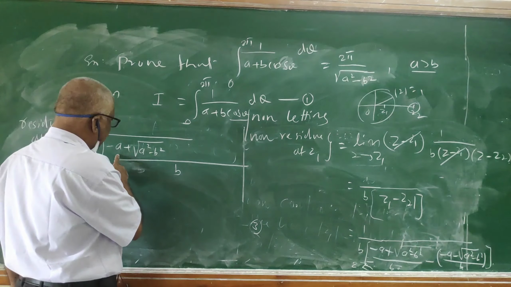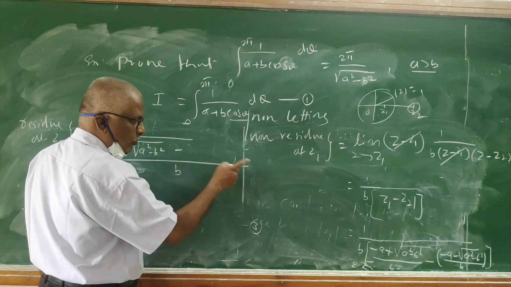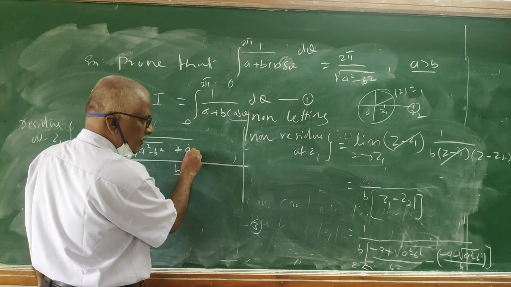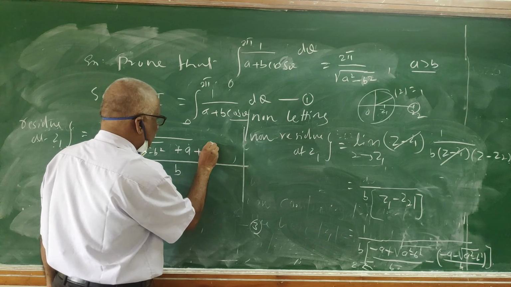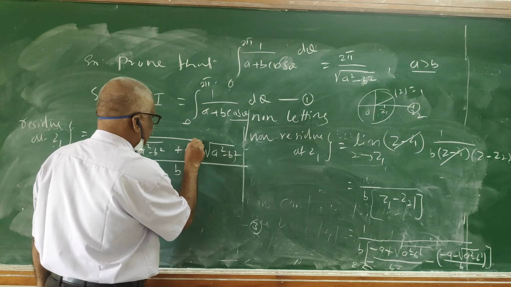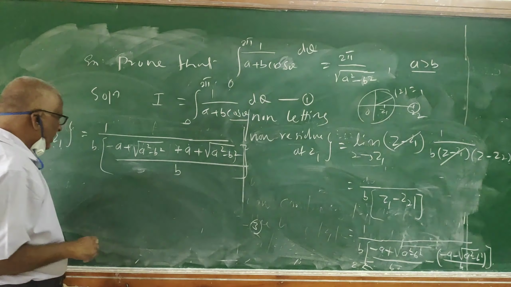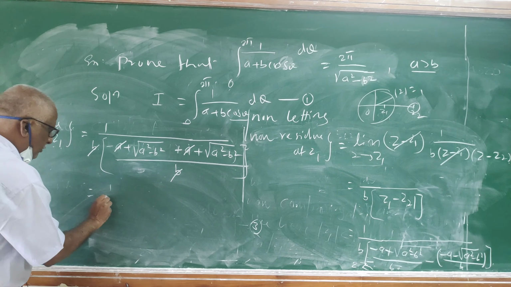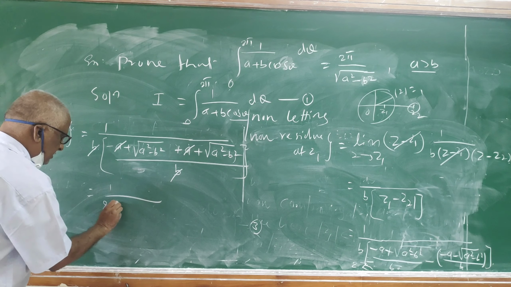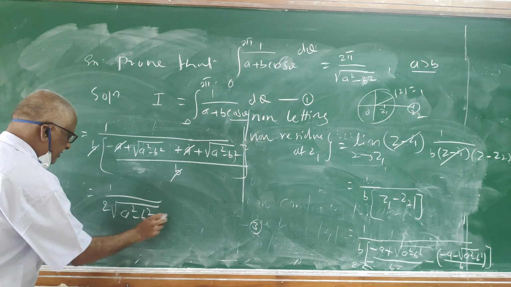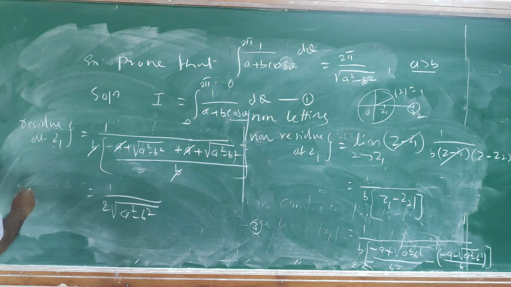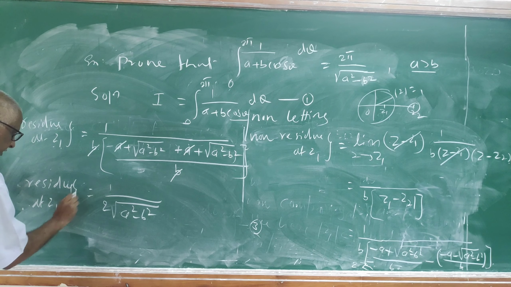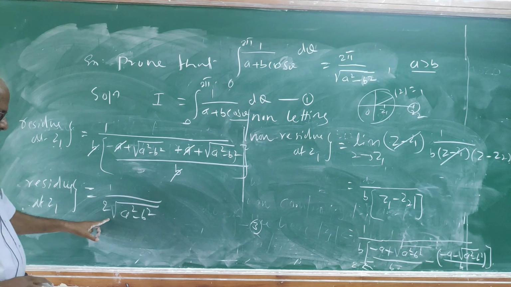So take LCM: minus a plus square root of a square minus b square minus, open the bracket, it becomes plus a and plus square root of a square minus b square, right? And close the bracket. So what happens here? Minus a plus a gets cancelled, b and b also get cancelled. What remains is 1 by 2 times square root of a square minus b square. So that is, residue at Z1 is equal to 1 by 2 times square root of a square minus b square.